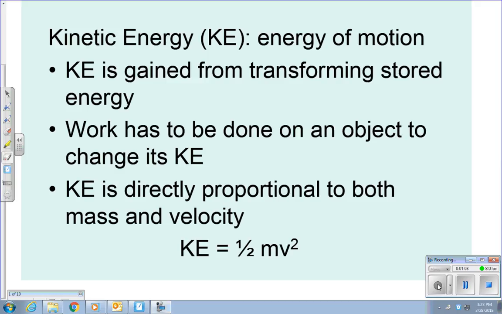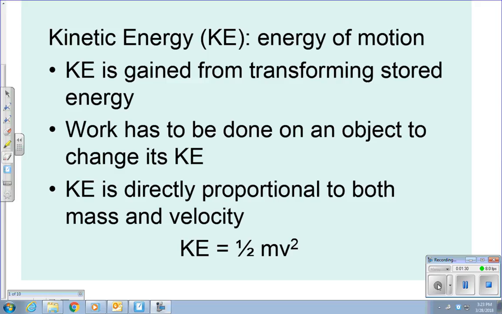If you take something and sit it at the top of a ramp, that's giving it gravitational potential energy, and then when you let it roll down the ramp, the gravitational potential energy turns into the kinetic energy of the rolling object, or sliding, or whatever it's doing down the ramp.